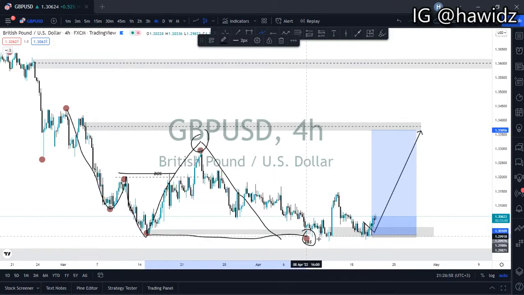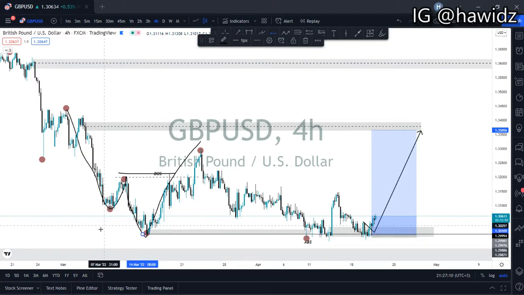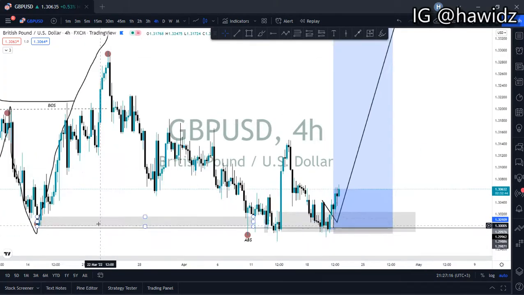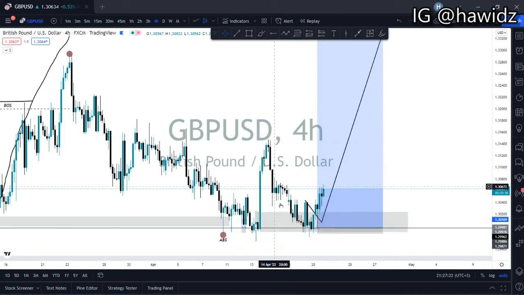Faking to break this. As you can see, if we put it perhaps very clear, you can clearly see that this low right here was never broken by anybody. Everything that came here was pretty much wicks, right? Price comes down, wicks it, goes up, wicks it, goes up.